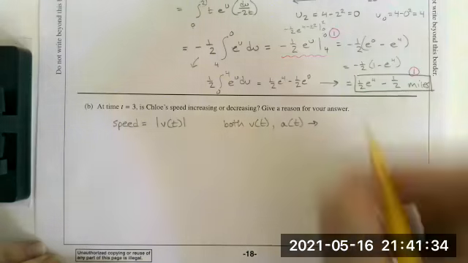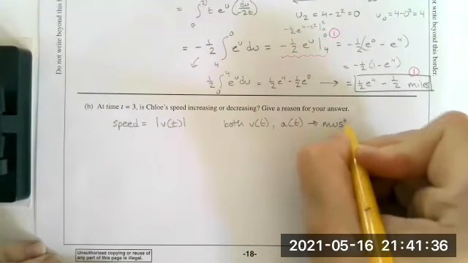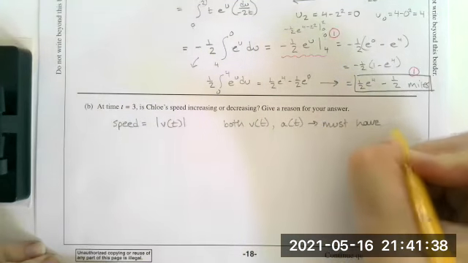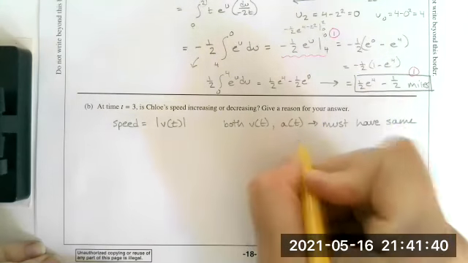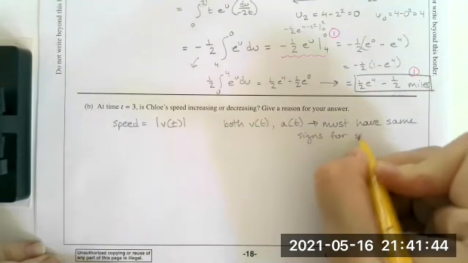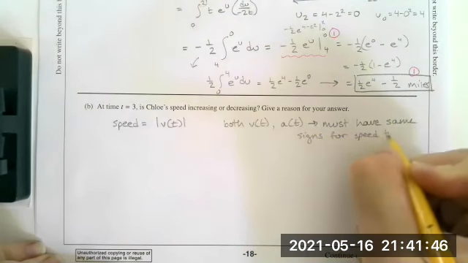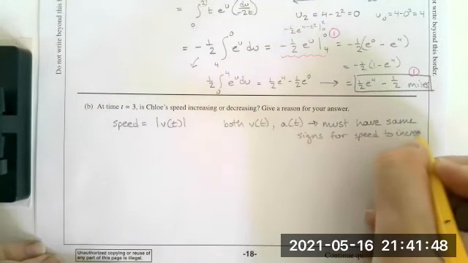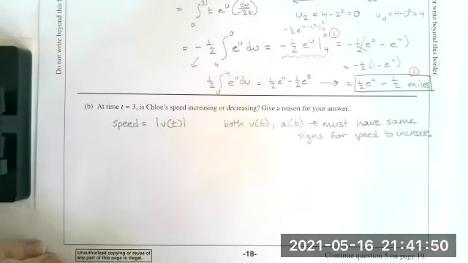Both velocity and acceleration must have the same signs for speed to increase.